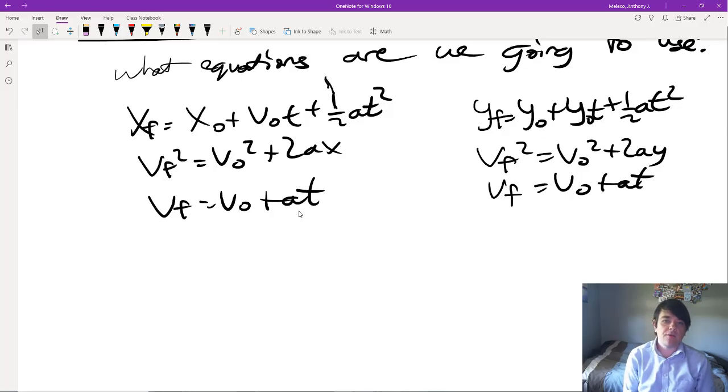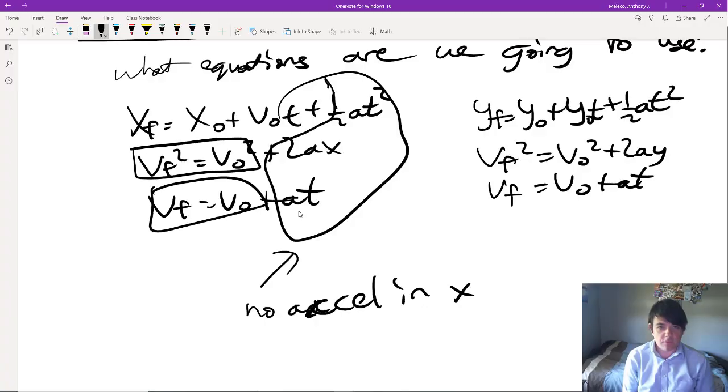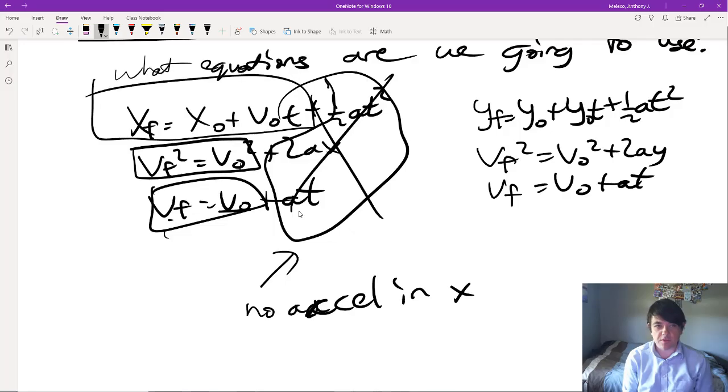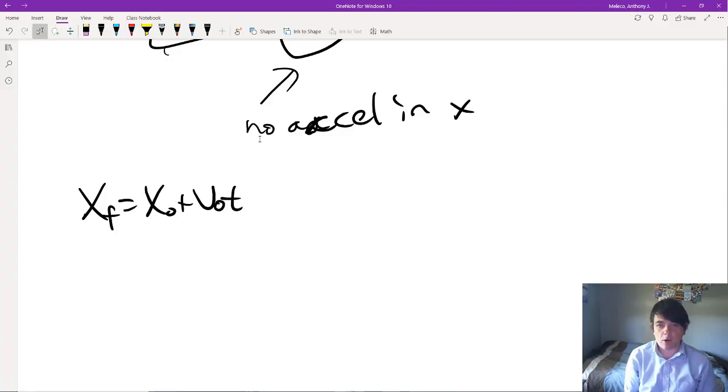Okay, because there's no acceleration in X, what happens is V final, so these guys go to 0, okay? So this just tells us V final equals V initial, because there's no acceleration in the X. So we're only left with this equation. So our X equation is literally this, okay? And our Y equations will be all three.